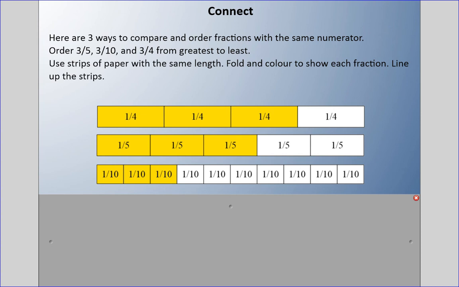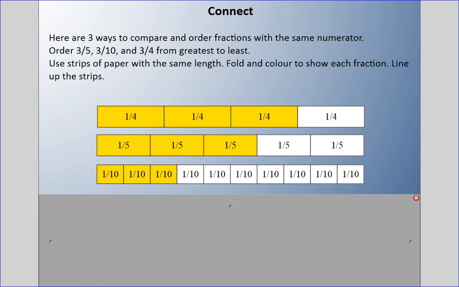Now, you can fold paper strips, and while that sounds great and wonderful, the paper has to be the same length, the same width, etc., which, I guess, technically you can measure out. But the problem with this method is you've got to fold it exactly into equal pieces. So something like quarters, you can divide in half and then half again. But if you're talking about something like fifths, that would be hard to fold.